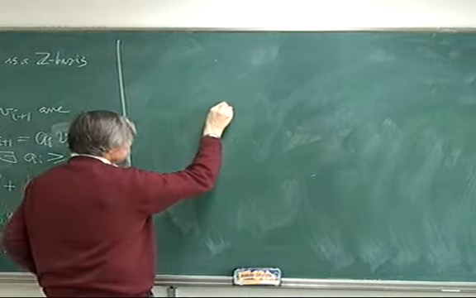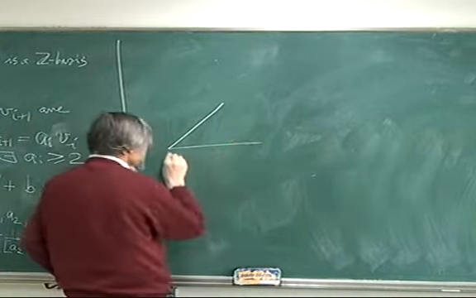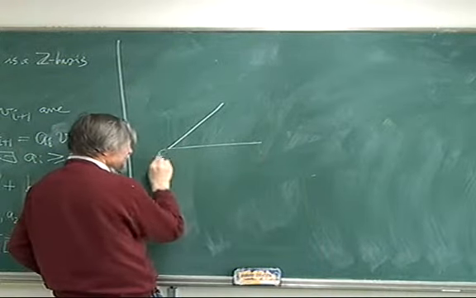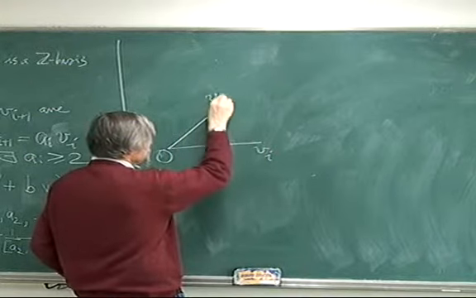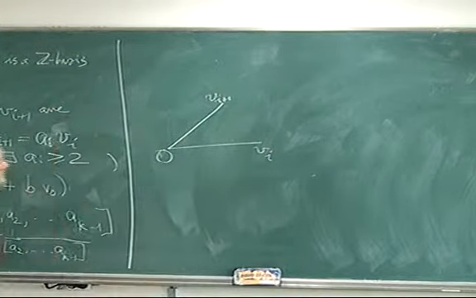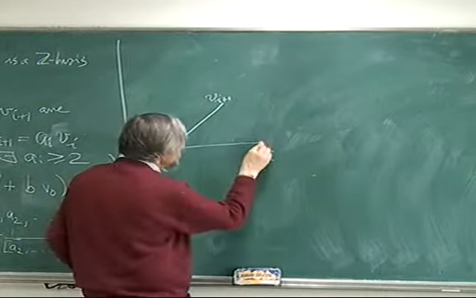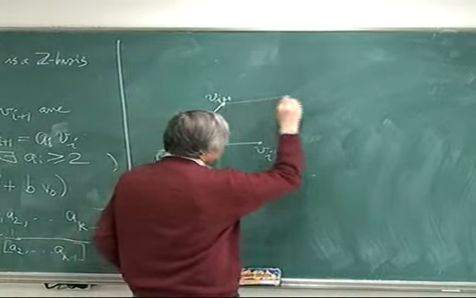So here's the origin. Here's vi. Here is vi plus 1. So this is a little parallelogram in the plane.